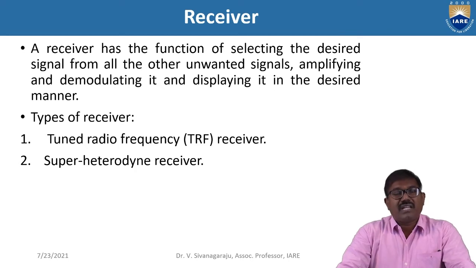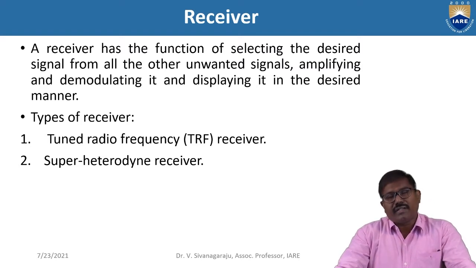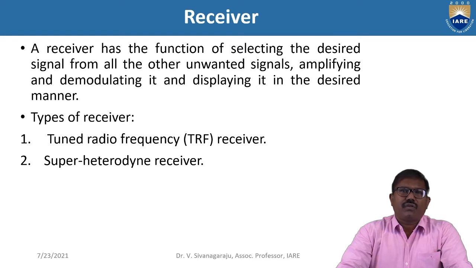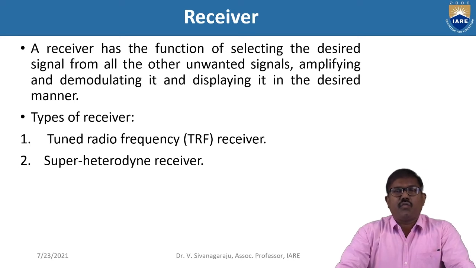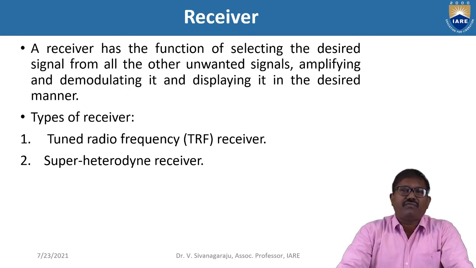After selecting the signal, the receiver amplifies it. Why? The signal travels long distances and gets distorted, so the amplitude is weakened, and we amplify it first. Then, after demodulation, we arrive at the original form of the signal. So these are the functions of the receiver.